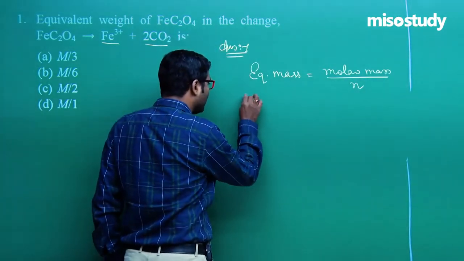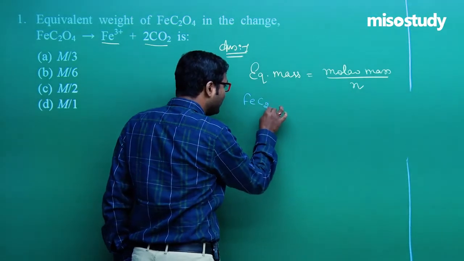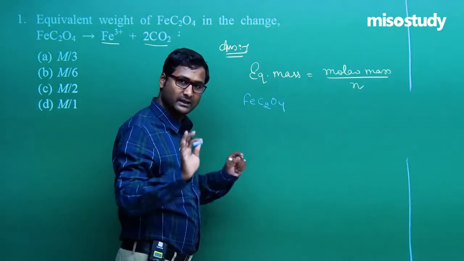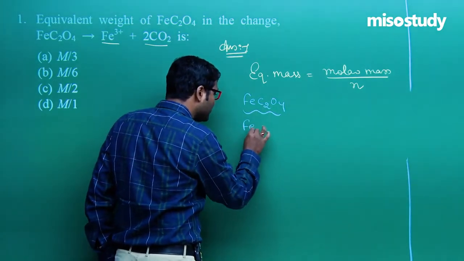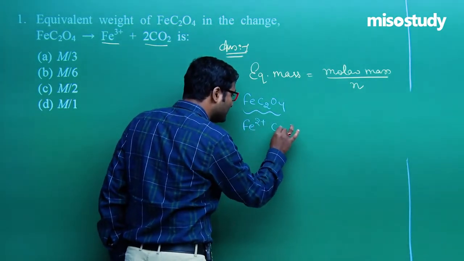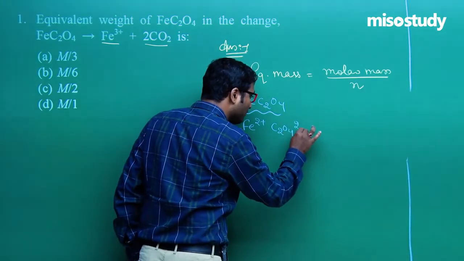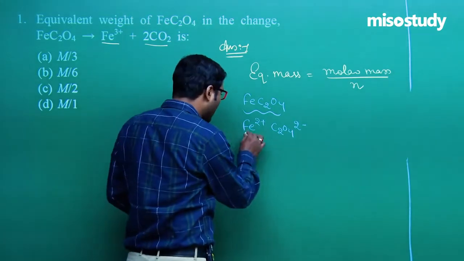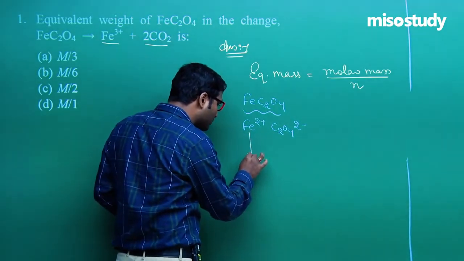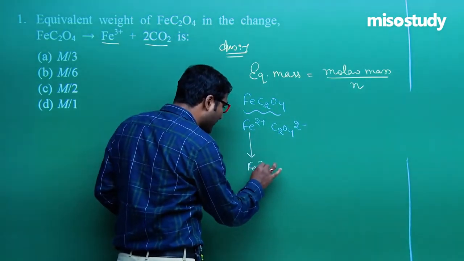As per the question, that is FeC2O4. Clear? As we know, this will break like this, Fe2+ and C2O4 2-. This is the oxalate ion. Now according to the question, Fe2+ converts into Fe3+.